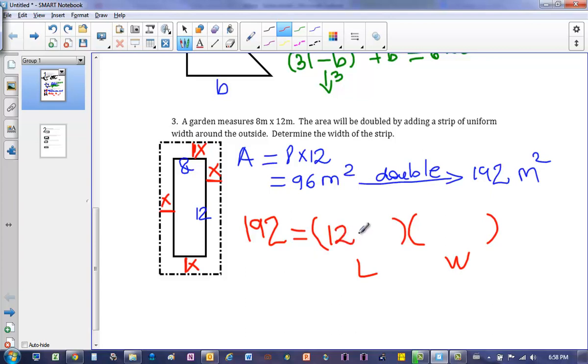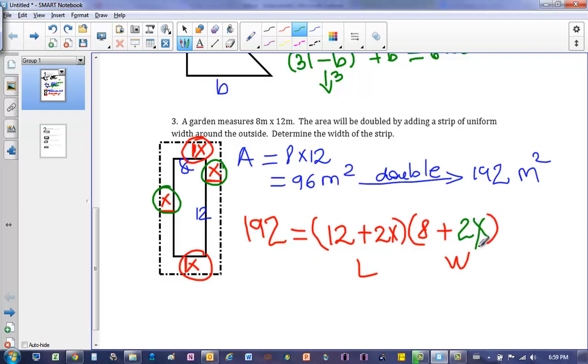However, since I'm adding that border all around, I'm adding 1x to the bottom and 1x to the top of the garden. How many x's in total? 2 x's. The width was 8 before any modifications. However, I've added 1x to the left of the garden and 1x to the right. How many x's in total? 2 x's.